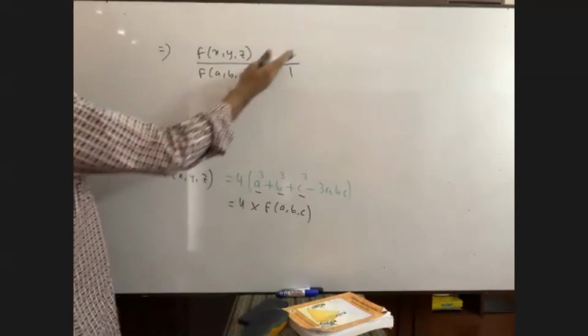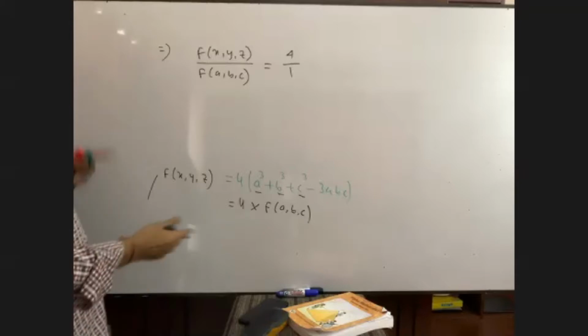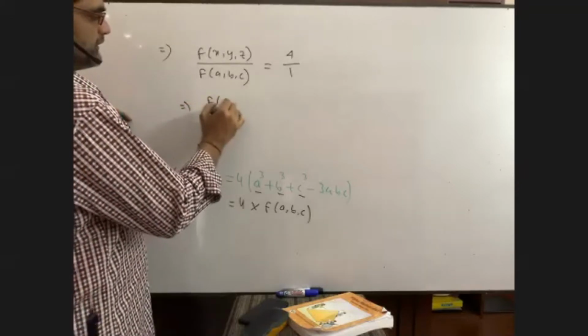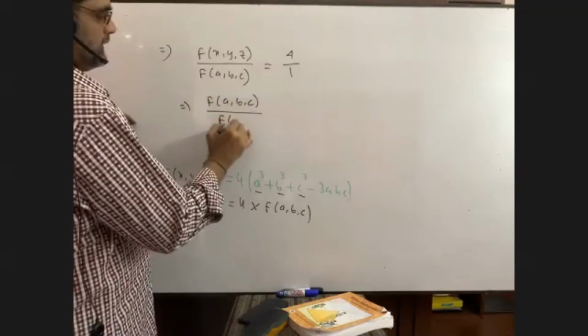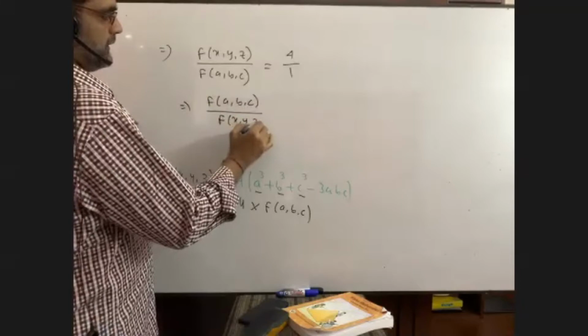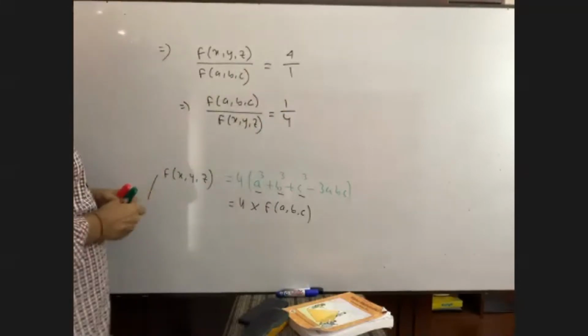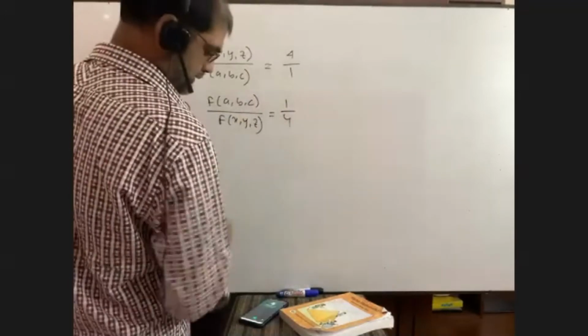If I do cross multiplication again, then we can come to this line. Now, if we go for invertendo, that is f of a,b,c by f of x,y,z is equal to 1 by 4, right? Yes, sir.